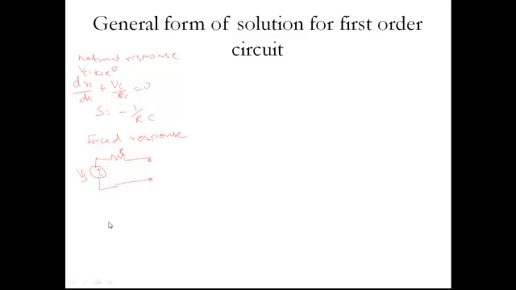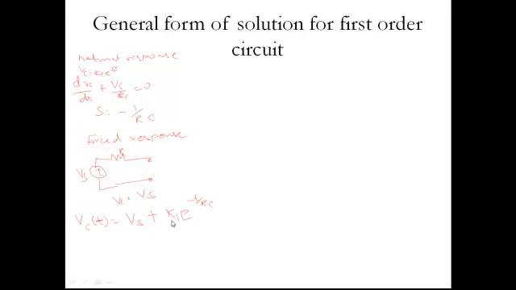So forced response Vc is equal to Vs. In the natural response, Vc is equal to K1 e power st and s is equal to minus 1 by Rc. In the forced response, Vc is equal to Vs. Therefore, the total response is Vc of t equal to Vs plus K1 e power minus t divided by Rc.